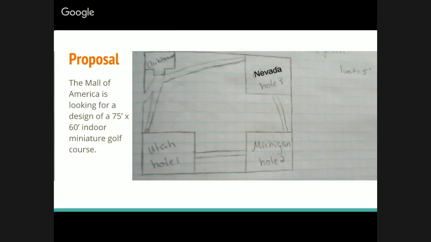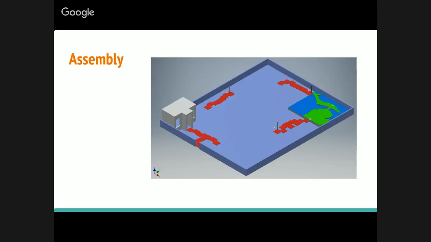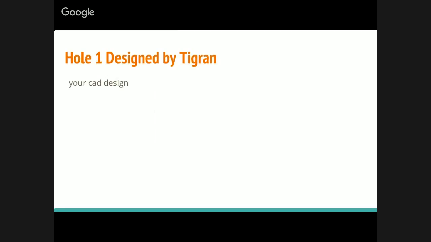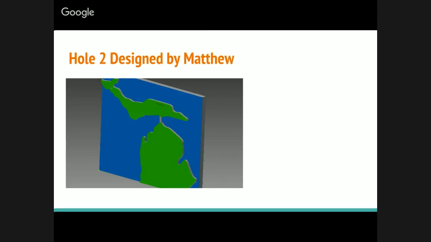This is our assembly layout, our sketch. This is our final assembly. We didn't get two of the holes in time. Hole 1, he forgot to send me the part files, so I couldn't open it and put it on. So this is my hole, and I did the state of Michigan, because it was something that interests me.